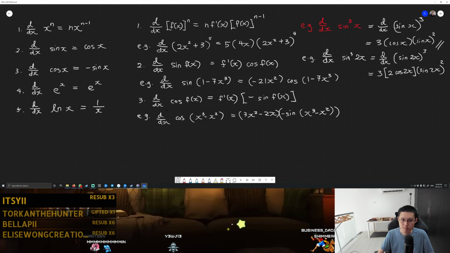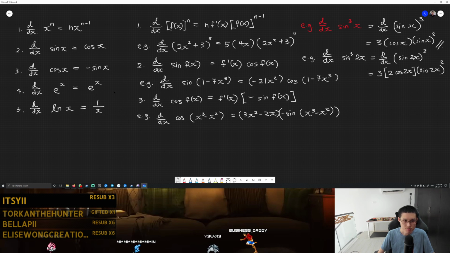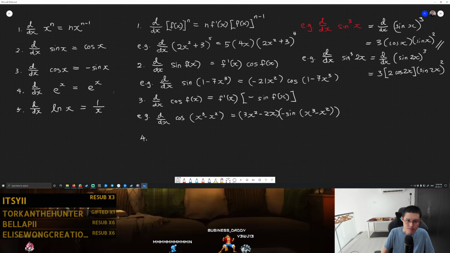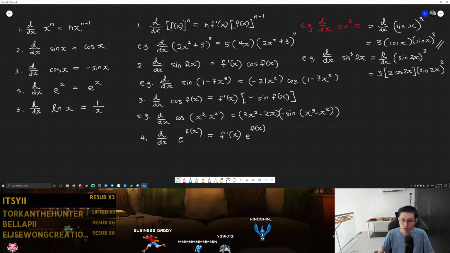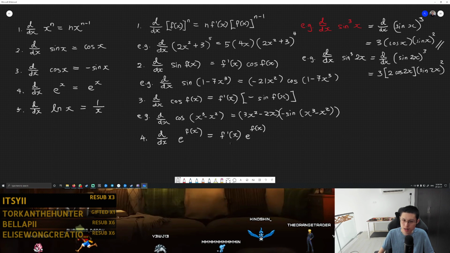Right then, moving on to the exponential function. When you differentiate e to the power of f(x), you would actually get f prime x, e to the power of f(x) again. So if you have some function of x up here, all you have to do is differentiate it and put it in front like that.